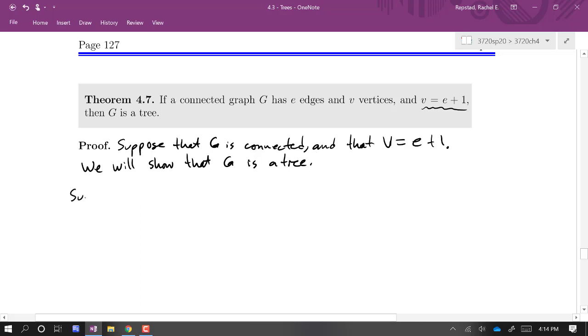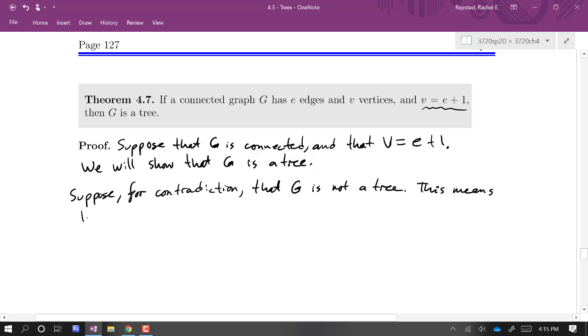Well, let's suppose for contradiction that G is not a tree. Since we know by supposition that G is connected, if G is not a tree, that means it has a cycle. So let's grab an edge in that cycle.